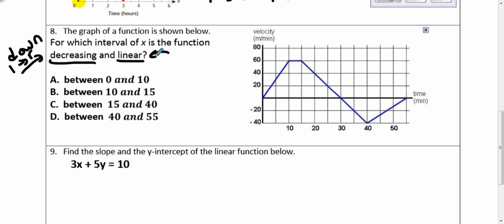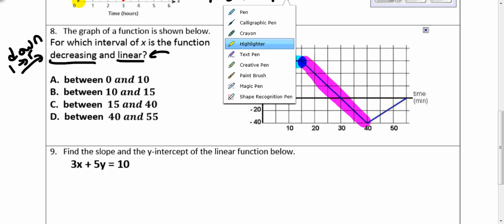So I'm going to get my highlighter out on this one, and I am going to go, all right, so this is increasing and straight. That's not it. This is not increasing and decreasing. That's a slope of 0, but it is straight. This one is decreasing and linear. All right, so that's where it is, right there.